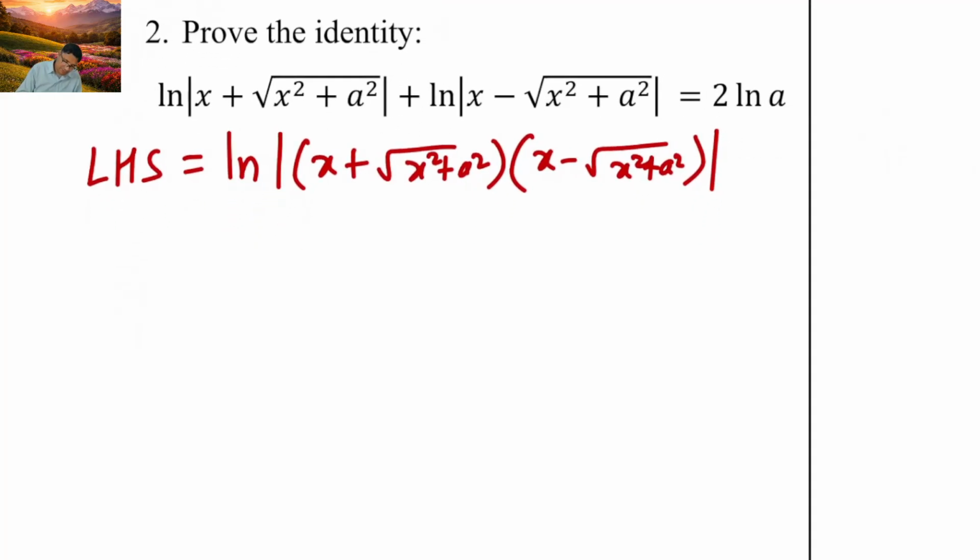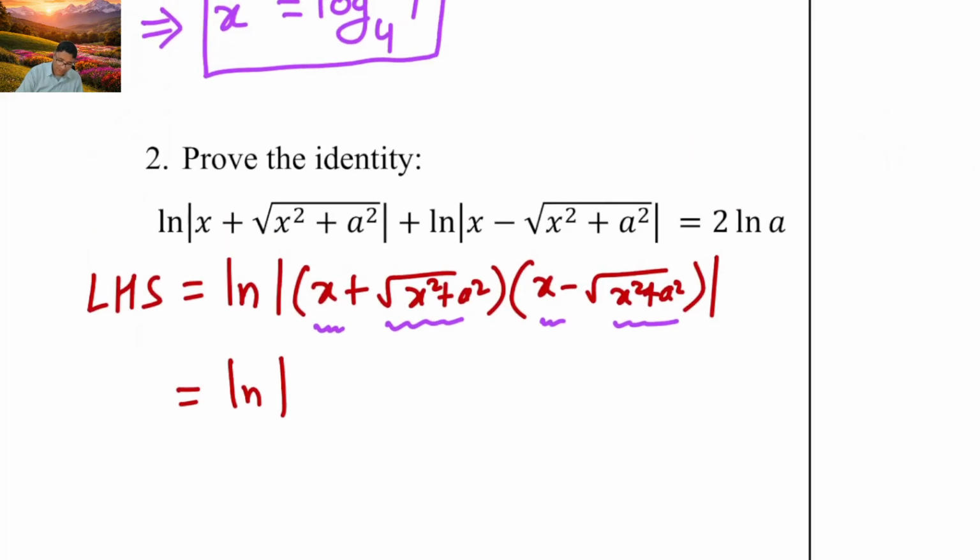Now how does that help me? I am looking at what I am multiplying. x plus a quantity and x minus the same quantity, like a plus b times a minus b. And that's going to be a squared minus b squared.